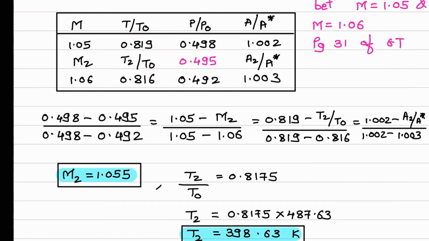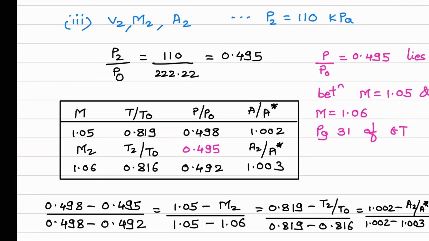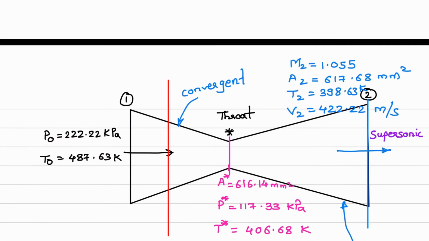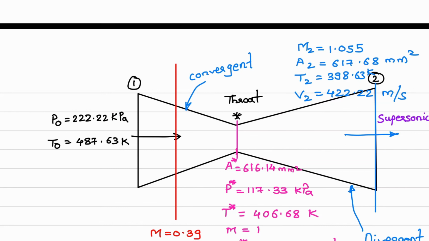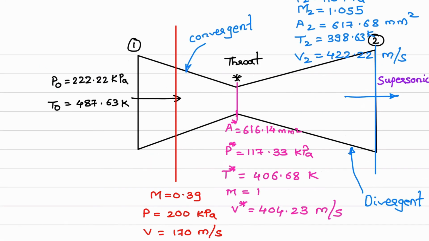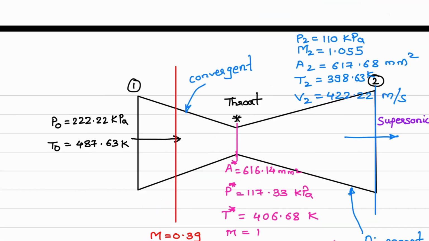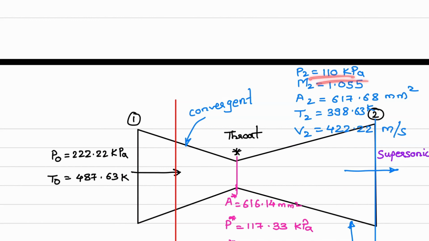Pressure value P2, it was given in the question, 110 kilopascal. So I can write that value also. P2 is 110 kilopascal. So here what you can observe, pressure is continuously decreasing from 200 kilopascal to 117.33 kilopascal to finally 110 kilopascal.